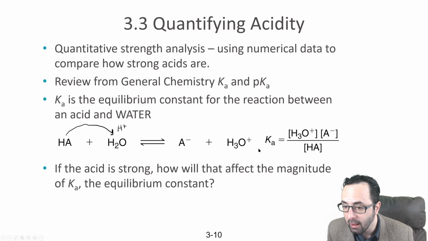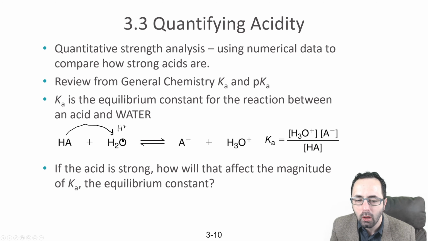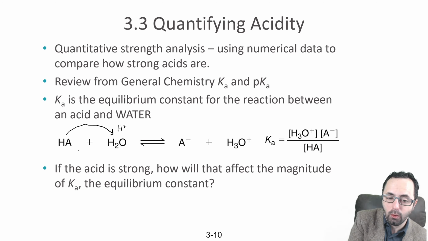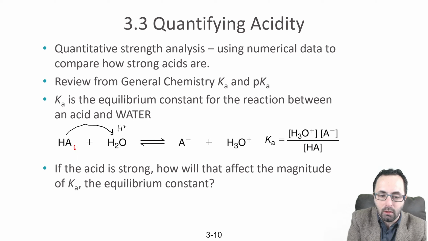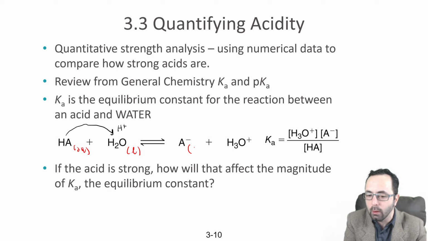And to write a Ka, we write products over reactants, and so it's going to be the product ions here, A minus and H3O plus, over the reactant. Remember, water's not included, it's the bulk material. We only include aqueous substances and ions, and so all of these would be considered aqueous except for water, which we call liquid. It is the bulk liquid. All of this is happening in water.